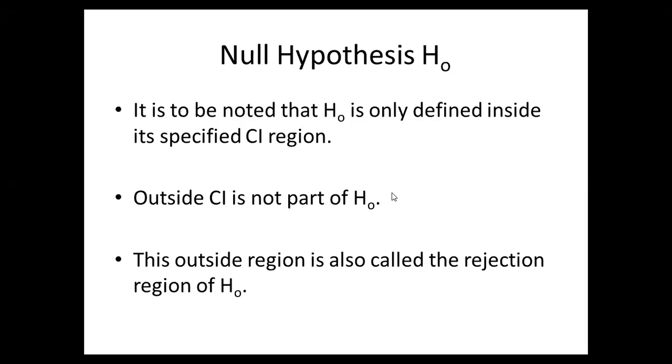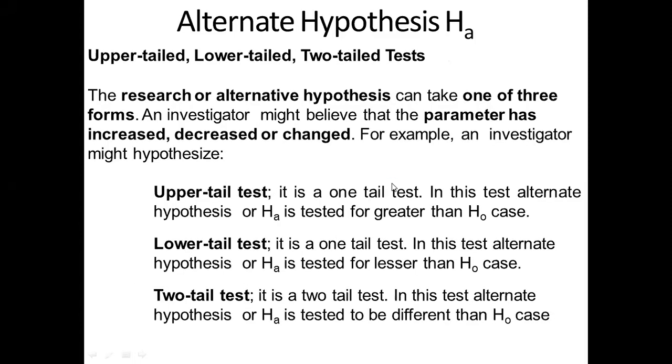Likewise, there are a few things related to the alternate or alternative hypothesis as well. Remember that the alternate hypotheses are always made against the null hypothesis. They are always made to nullify the null hypothesis. So in research, there are basically three types of making statements against the null hypothesis.